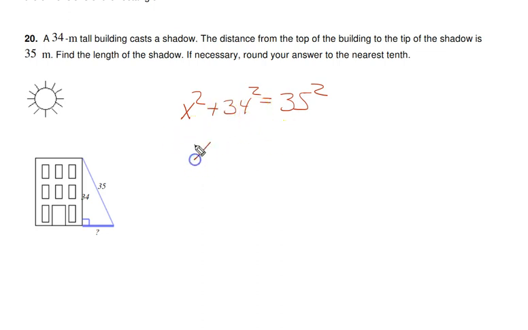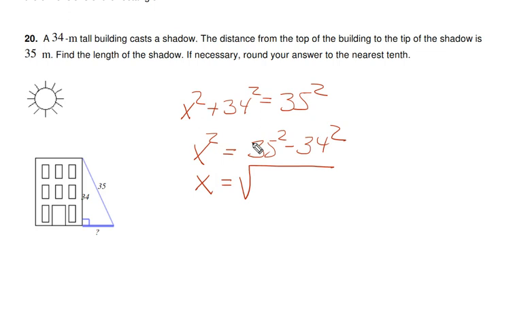So in solving this, this will be x squared equals 35 squared minus 34 squared, and x will be the square root of that difference here. As I put that in my calculator, you can do it in yours.